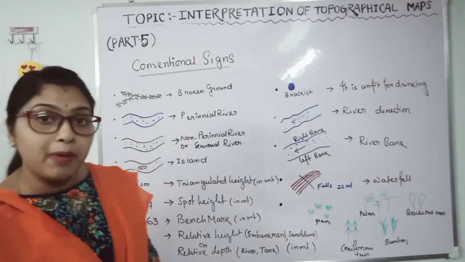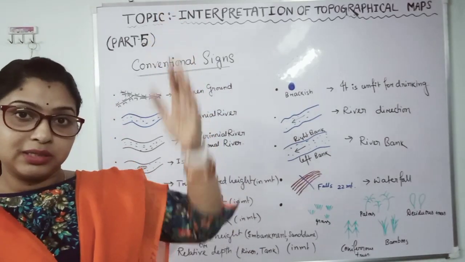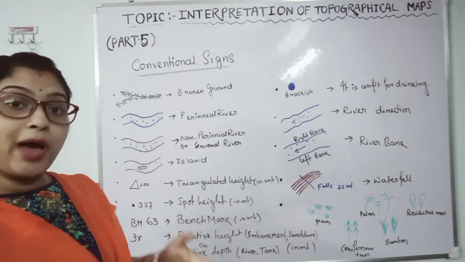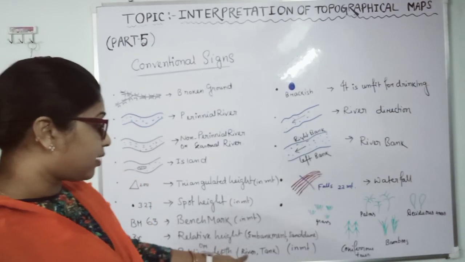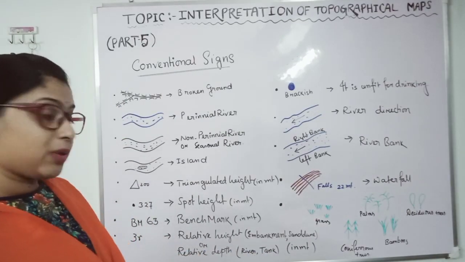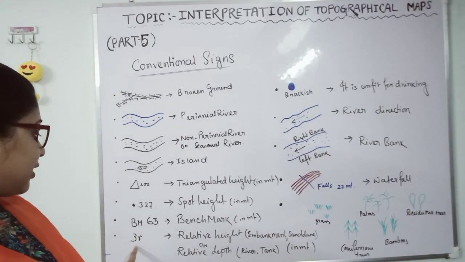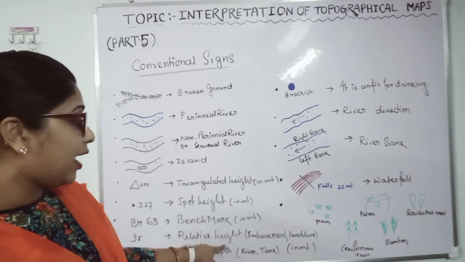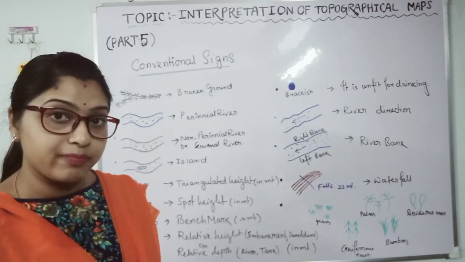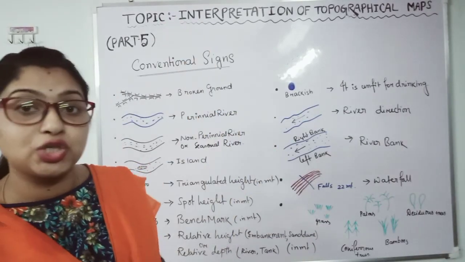If I am talking about a river, how can you measure the height? It is not possible. In that case you have to measure the depth of the river. So for a river and tank, we write relative depth, so 3R means the relative depth is 3 meters. And relative height is for the height of an embankment or sand dunes. In that case we can measure the height.